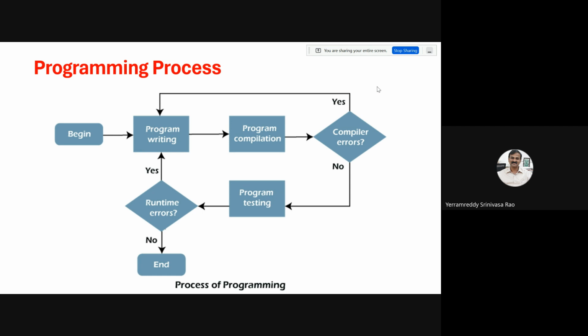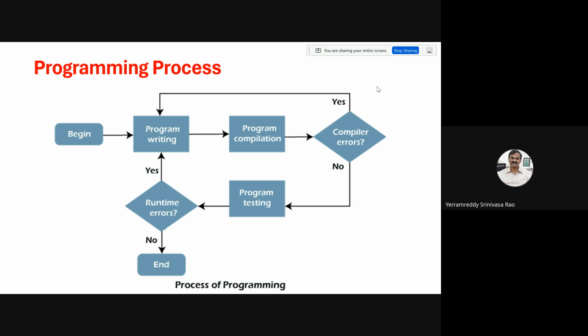But if you don't type it properly, if you don't put proper commands, proper style, then it says that I don't understand what you have typed. That's called compilation errors. As long as compilation errors are there, it won't generate an output file. It will always throw some errors on your computer screen and say that I am sorry, I am unable to convert your program into a binary language output file, a machine understandable language.